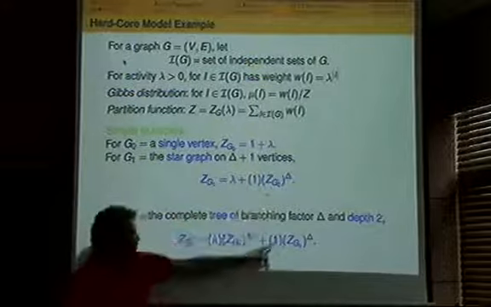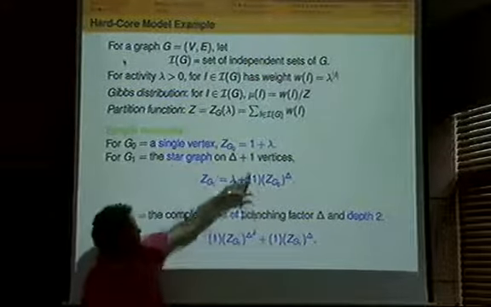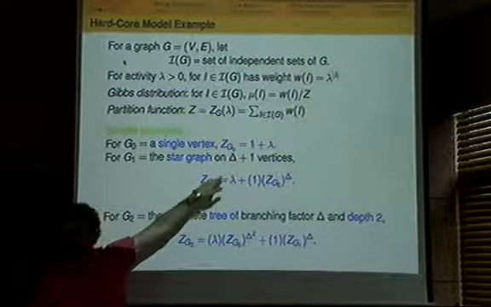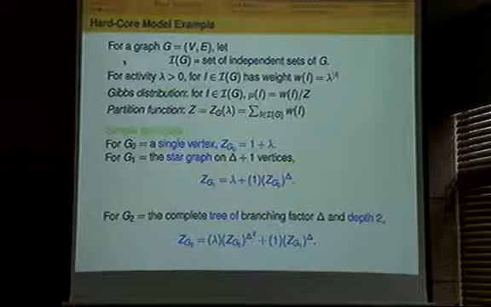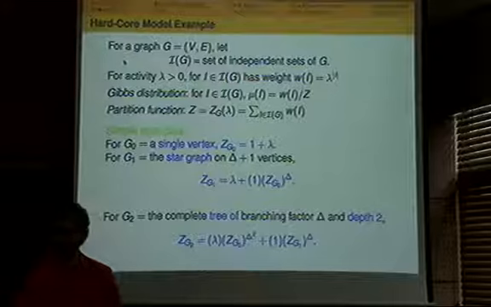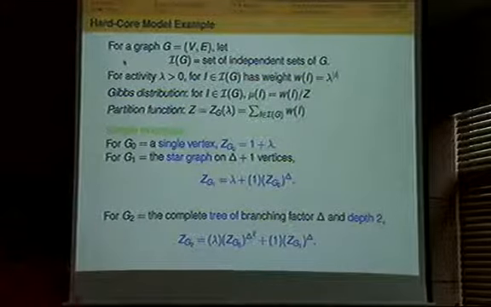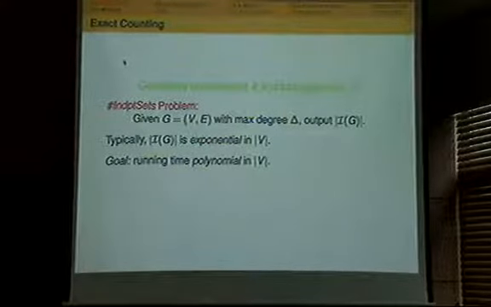Or the root is unoccupied, and then I have these delta trees of G1. So I get this recursion. On complete trees, or even on general trees, you can get some nice recursions, do some computations and solve things exactly. So that's going to come into play later.